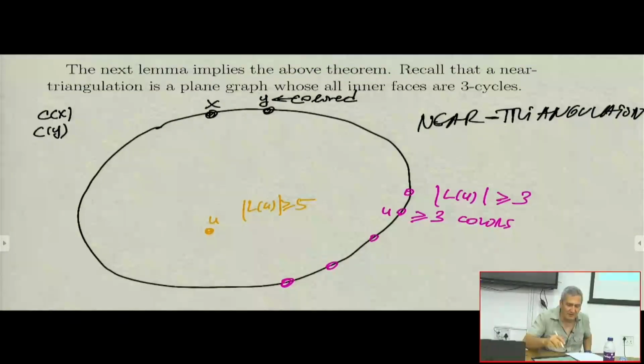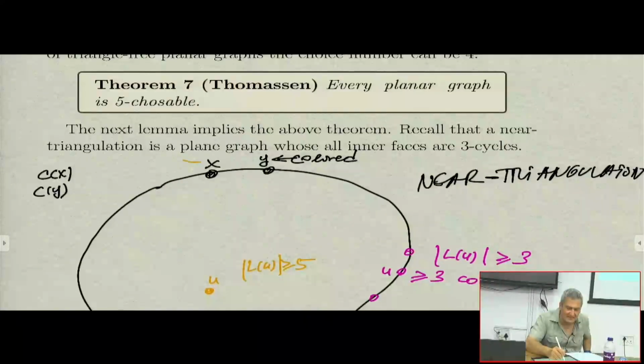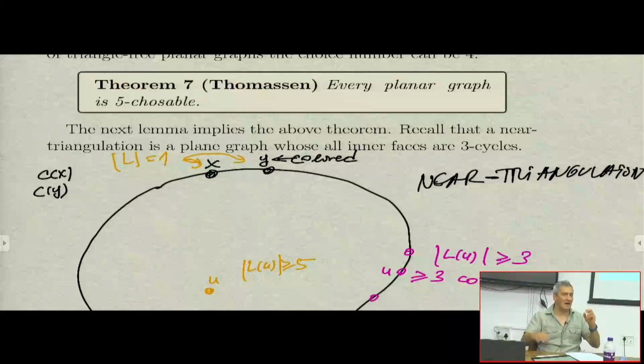So actually we can say the list of these pre-colored vertices has size 1, because they are colored. When you have a list of size 1, it's the same as coloring the vertex. You have to take the only color and put it on v. You have no choice.